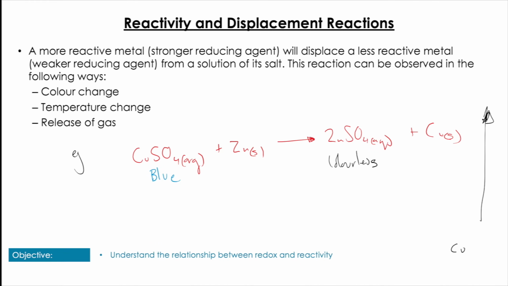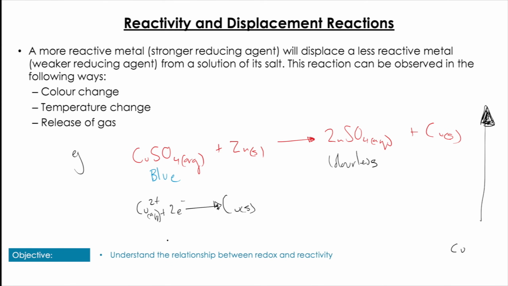And we can go further and break this down into the component half equations, and we can see that the oxidation state of copper in the reactants is 2+, and in the products it's 0. So we do Cu2+ plus 2 electrons equals Cu.